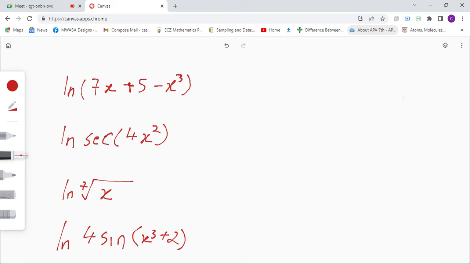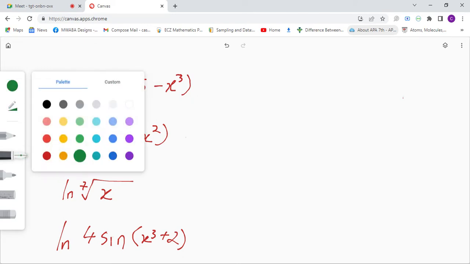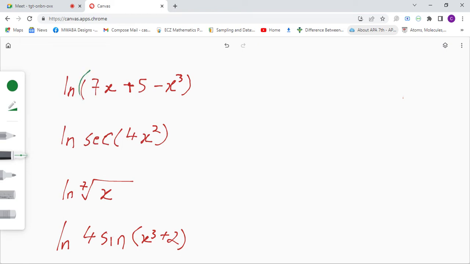We've been told to derive these natural logs. We have the natural log of 7x plus 5 minus x cubed. So the first thing that we have to do is we determine our u, right?